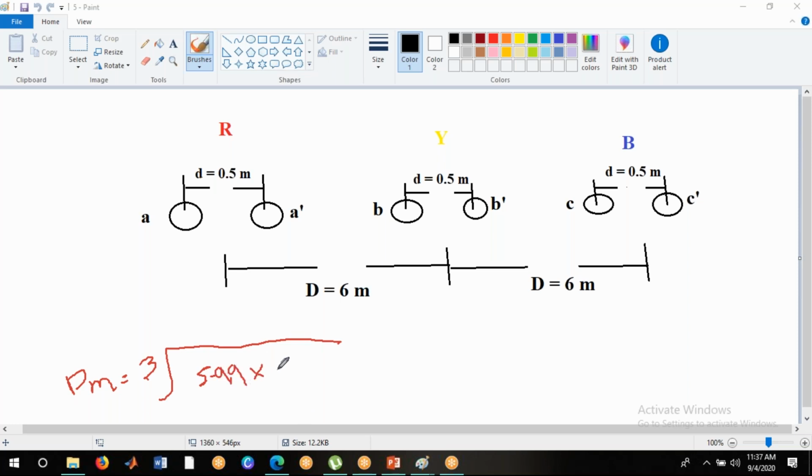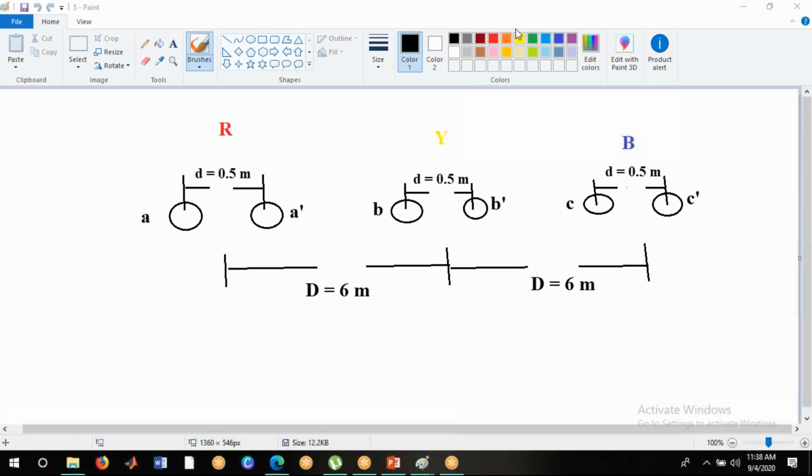This is the DAB value 5.99, this is the DBC value 5.99, and this is the DCA value 11.99. Then the DM value is what? 7.549, right? So the DM value is 7.549. Okay, now we have to calculate the DS value.